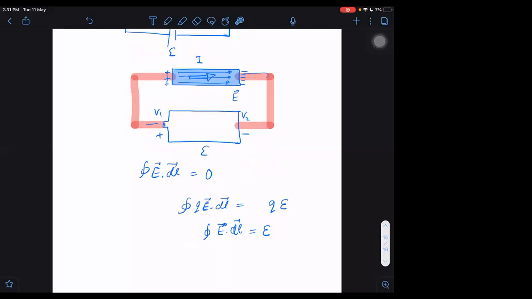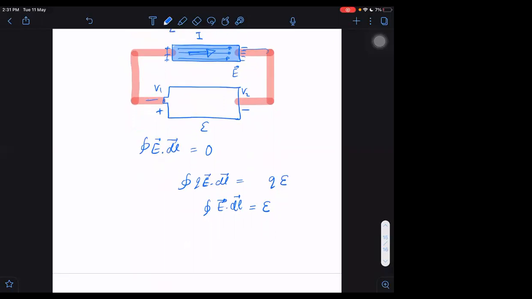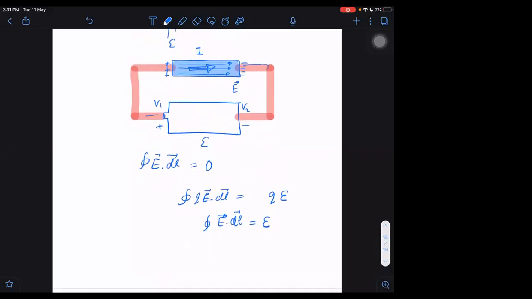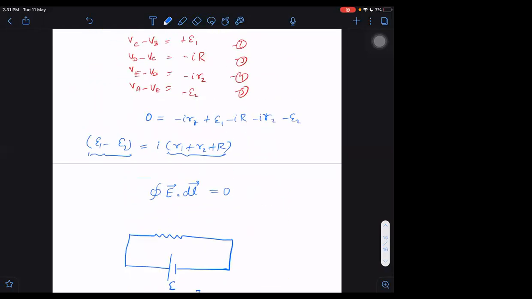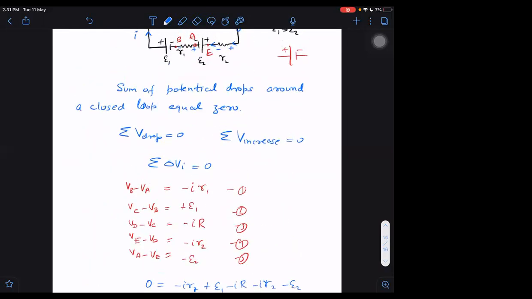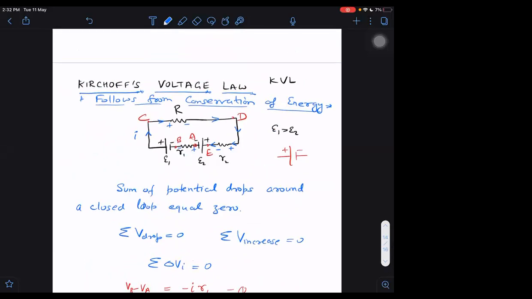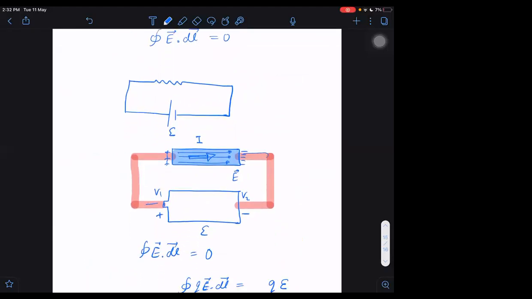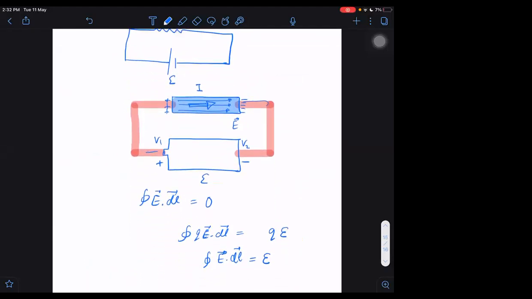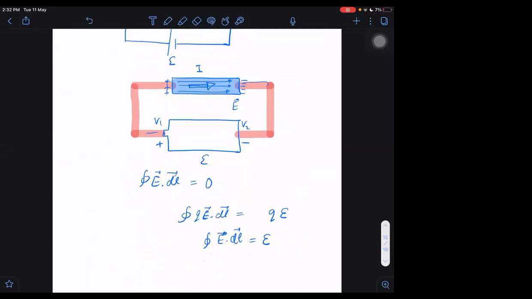And as far as energy conservation is concerned, it is Kirchhoff's law. It follows from the conservation of energy. Which conservation of energy are we talking about here? Is the energy conserved, or is it being dissipated in the form of heat?